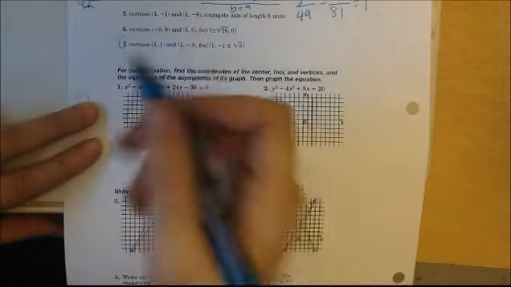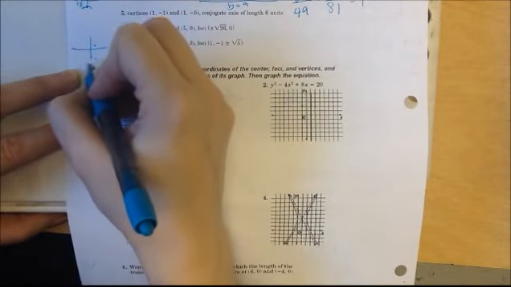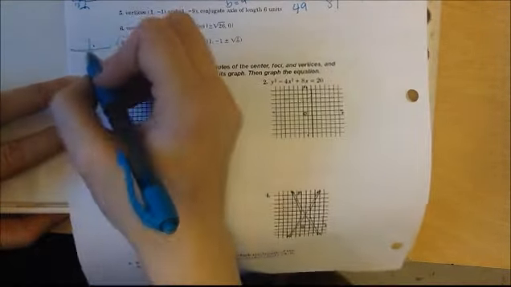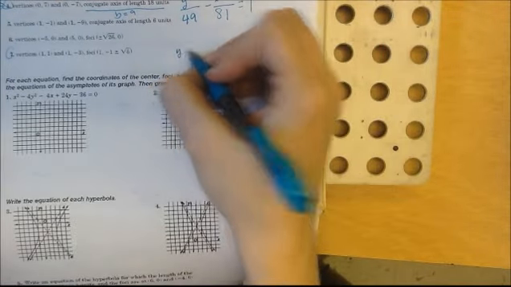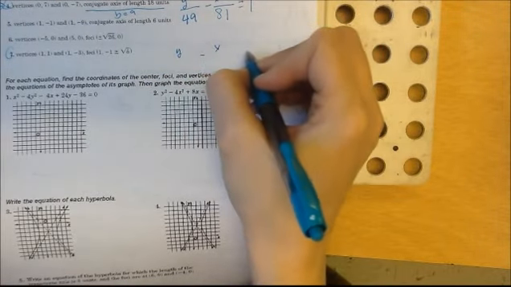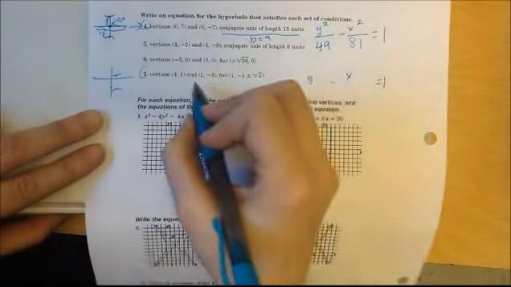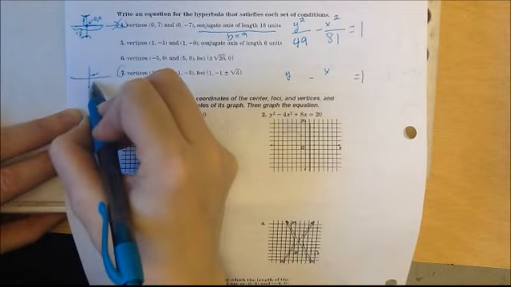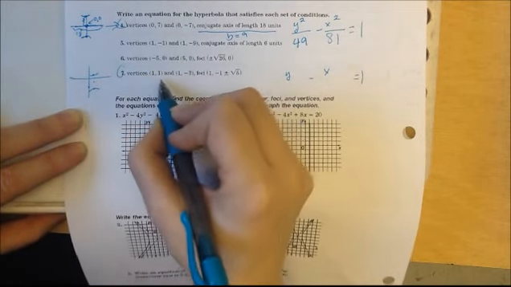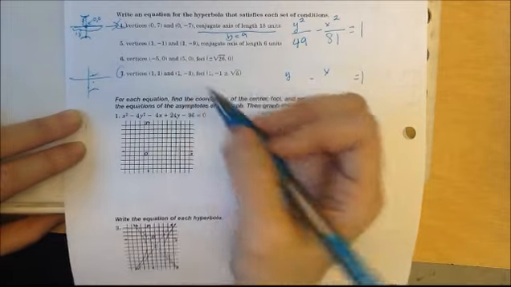Number 7, vertices are at (1, 1) and (1, negative 3). Once again, that tells me this is vertical. That also gives me the midpoint, halfway between (1, 1) and (1, negative 3), which is (1, negative 1). You can just take the average: 1 plus negative 3 is negative 2, divided by 2 is negative 1.